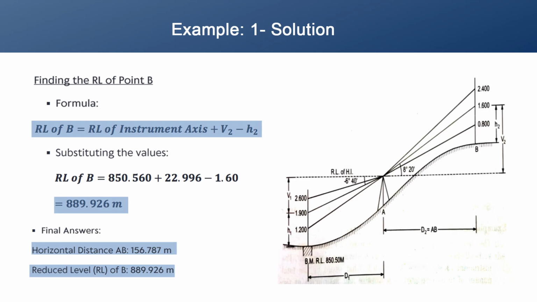So, substituting the values, RL of B is equal to 850.560 plus 22.996 minus 1.60, which gives 889.926 meter. So, the final answer is: the horizontal distance AB is 156.787 meter and the reduced level of B is 889.926 meter.